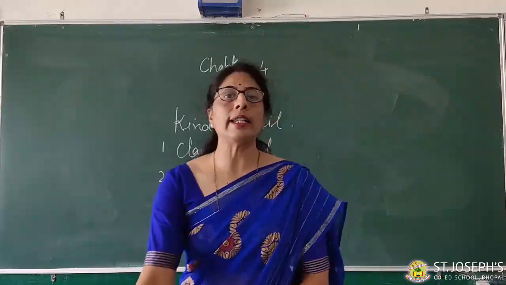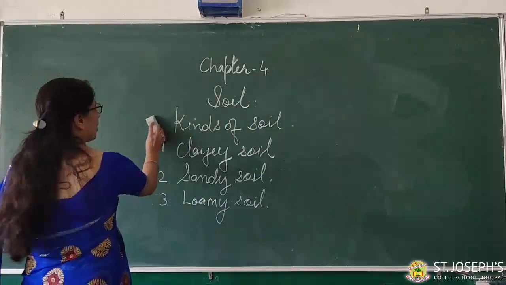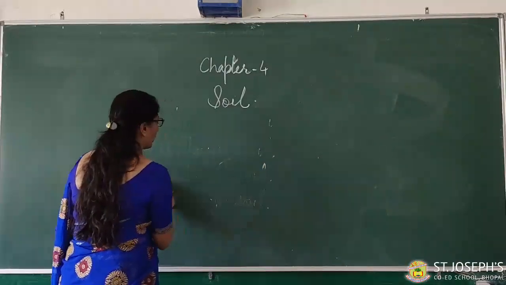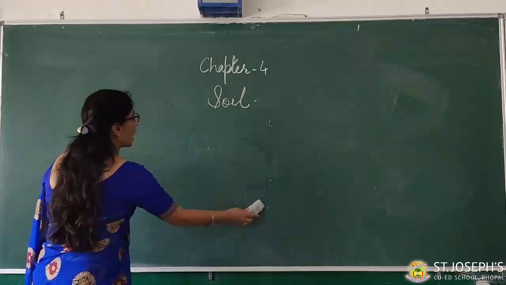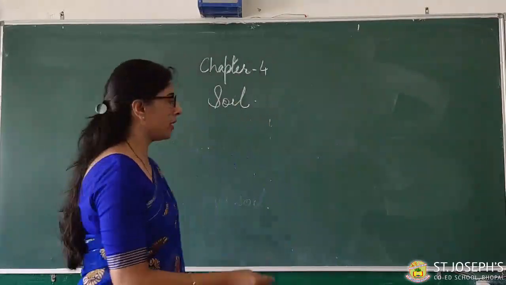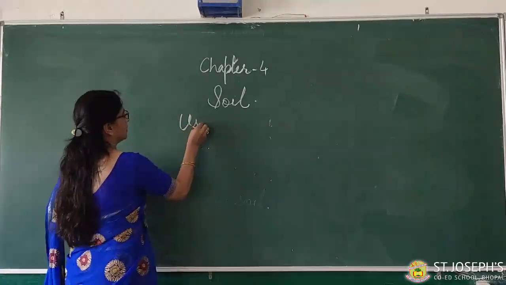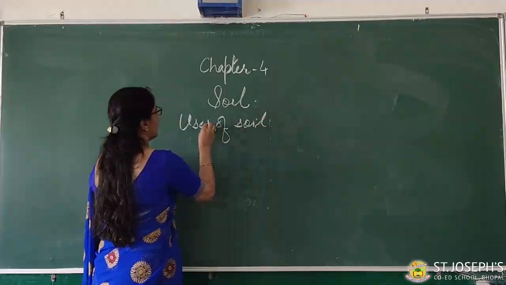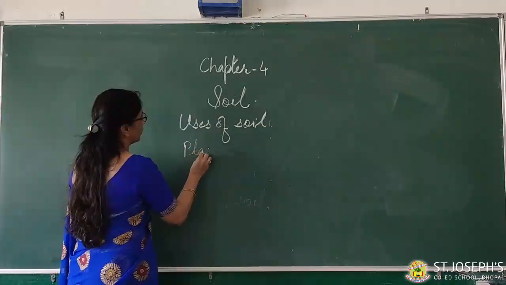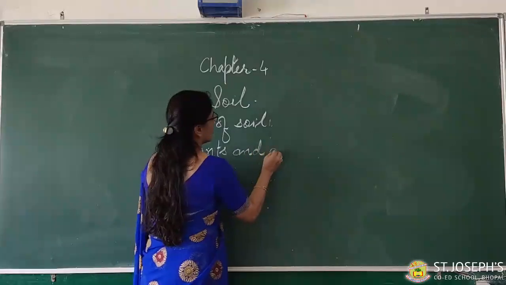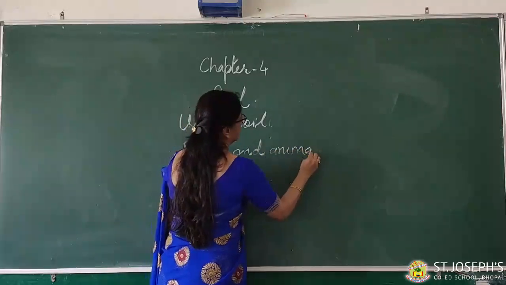Now moving towards our next topic of soil, we will discuss how soil is important for us, what the uses of soil are, and how soil is useful for us. Uses of soil. Now, uses of soil for plants and animals.